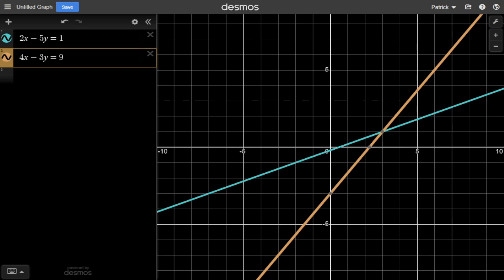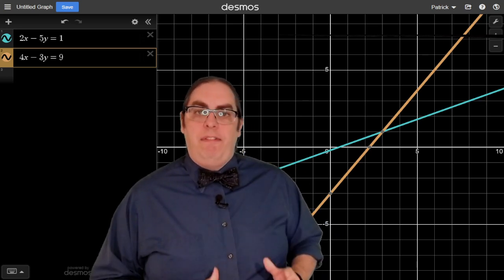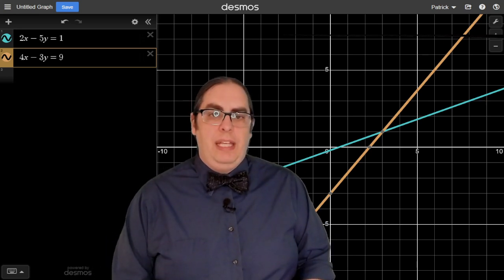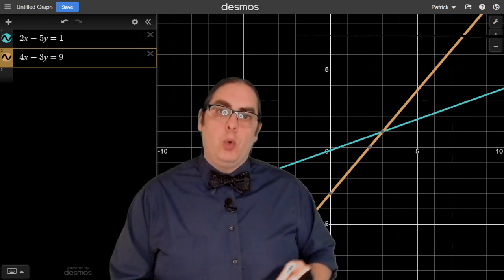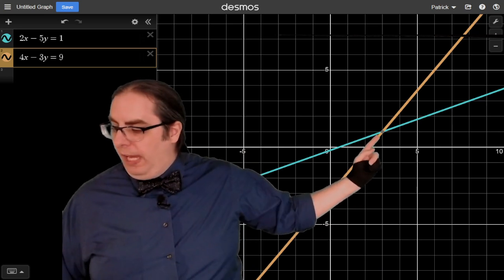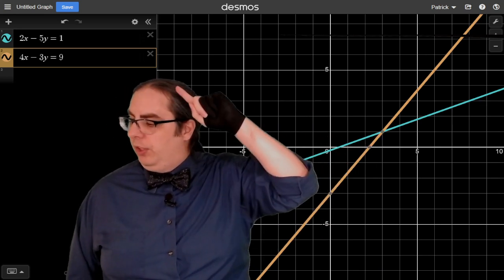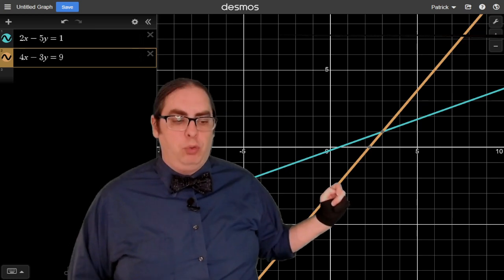And the interesting thing that I want you to notice here is that these two lines intersect at one point. And that's exactly what we're looking for. The graph of an equation is the collection of every ordered pair that is a solution to the equation. So every single point on the blue line is a solution to the equation 2x minus 5y equals 1.